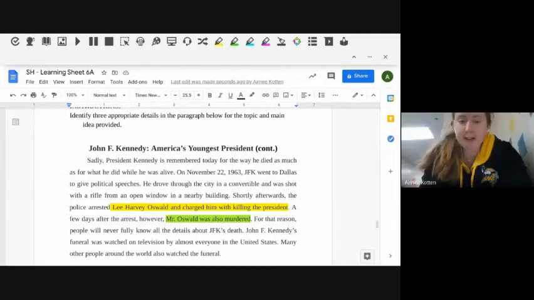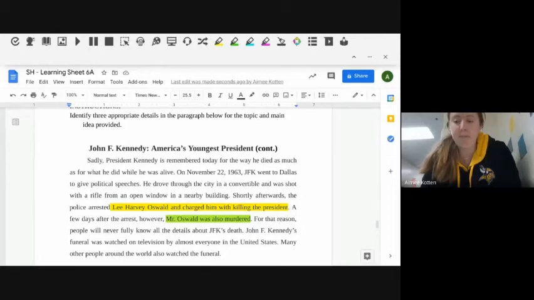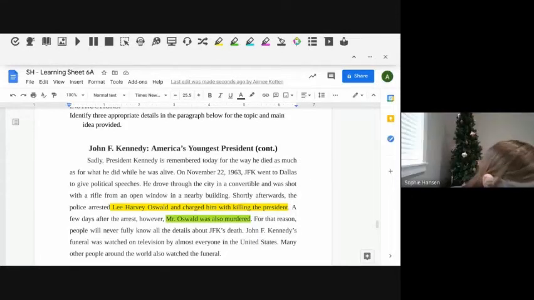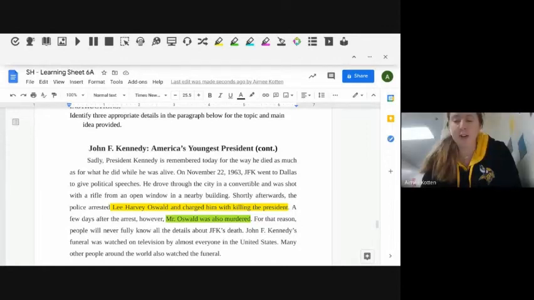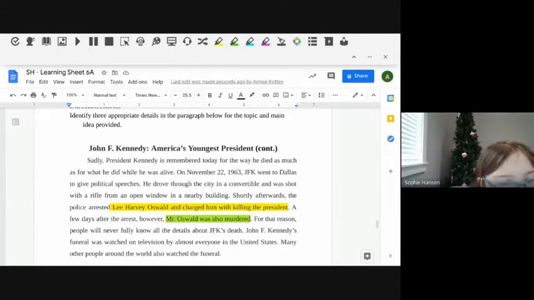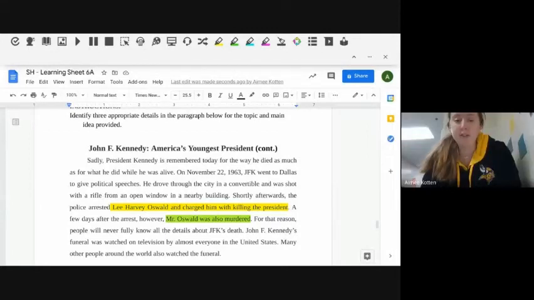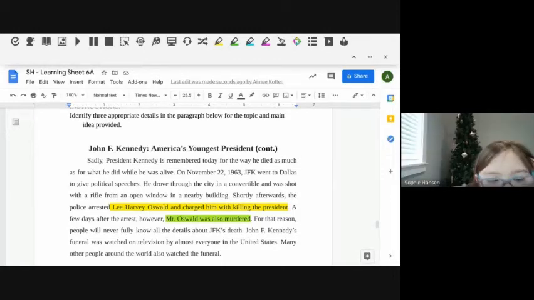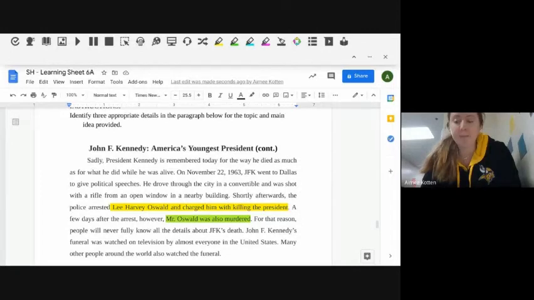So does that give us details about the main idea, or is that about Lee Harvey Oswald? Is it about JFK or Lee Harvey Oswald? Mr. Oswald is about Lee Harvey Oswald, isn't it? Yeah, so let's go back and try to find something that relates to JFK instead.